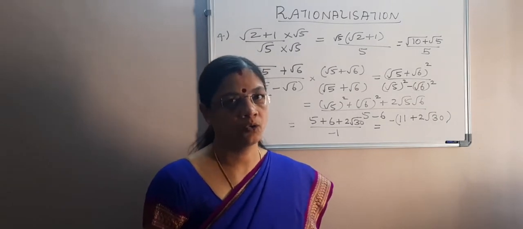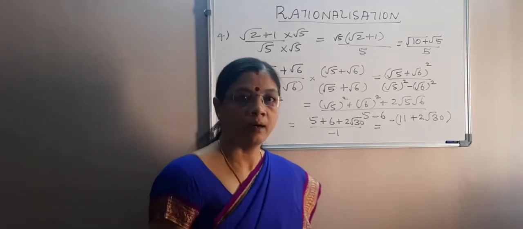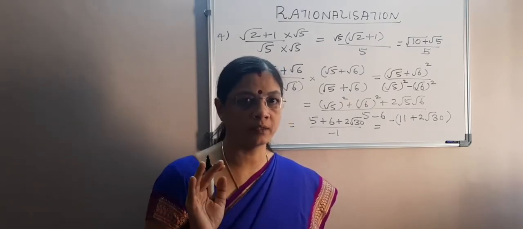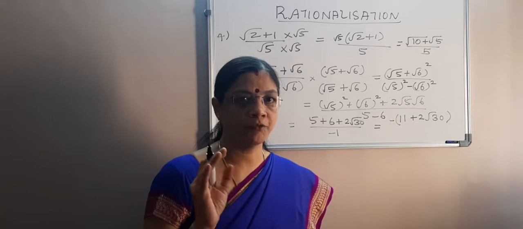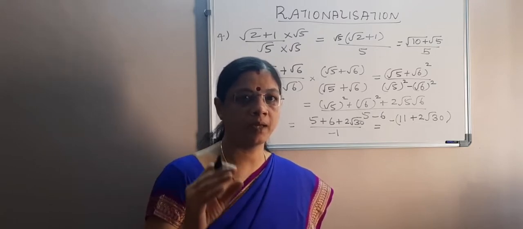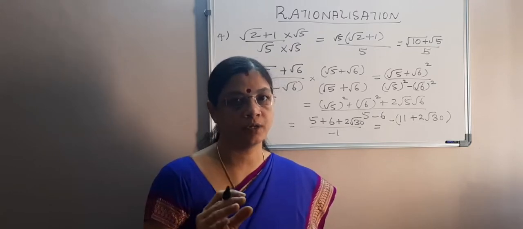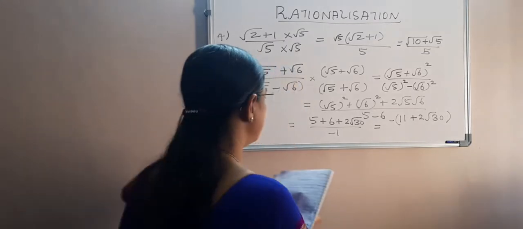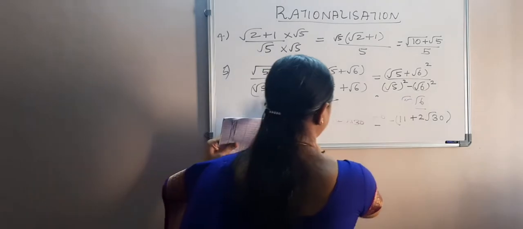Now do you understand how we simplify terms containing irrational numbers in the denominator? In the denominator, if you see a term, just multiply and divide by its conjugate. The conjugate of the denominator. Okay, you understand? So that is how we rationalize.